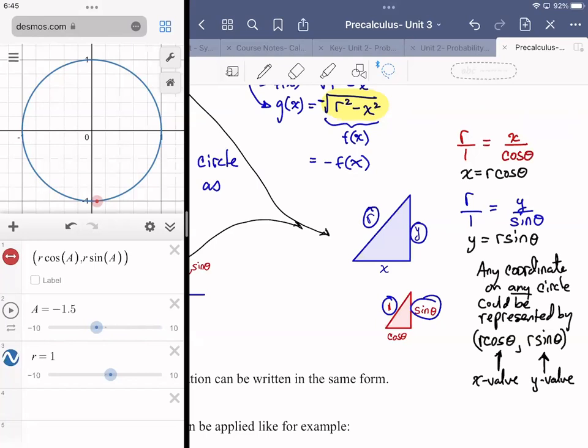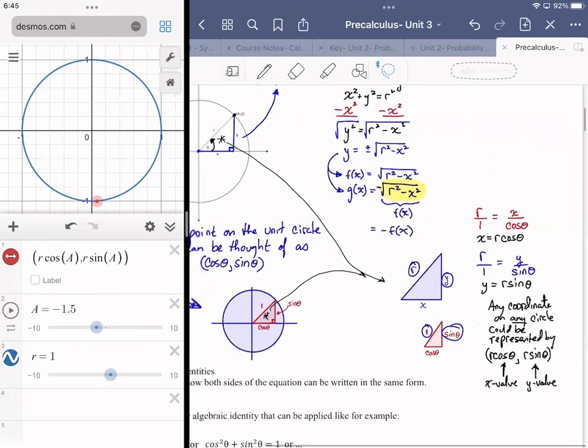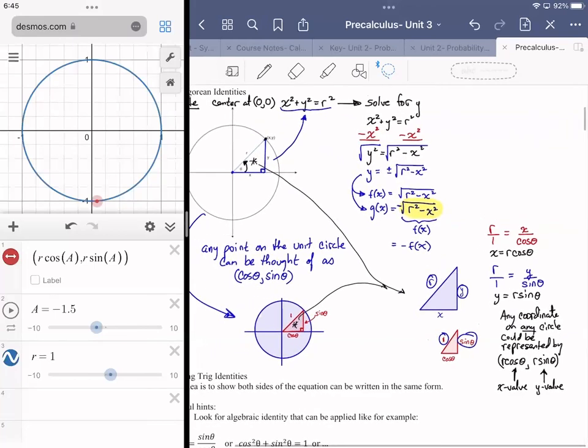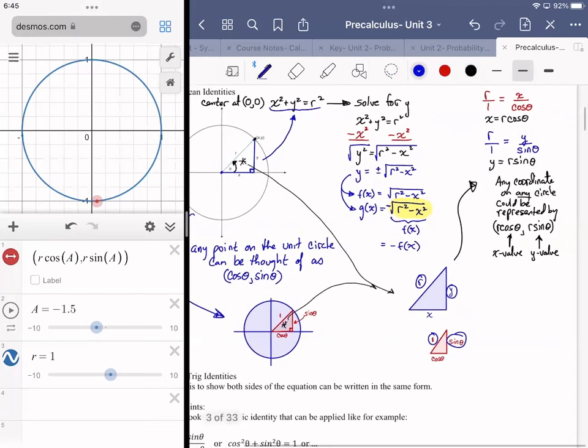But that's all based off of this one relationship, x squared plus y squared equals r squared. Right? So if I know that in the unit circle, right? So let me actually just move this up. In the unit circle, r is equal to 1.